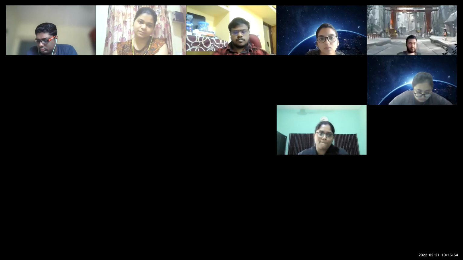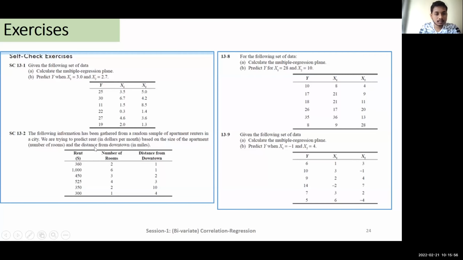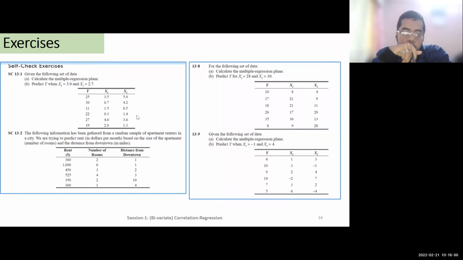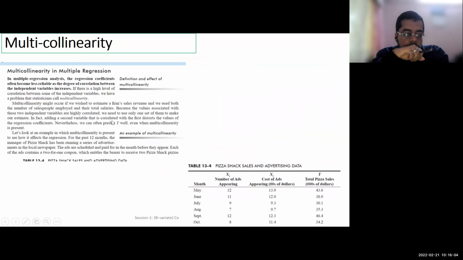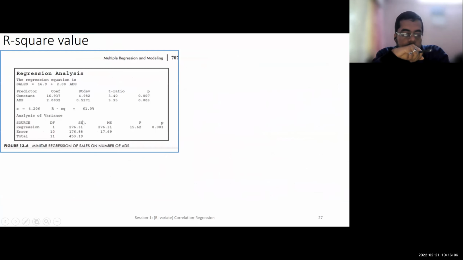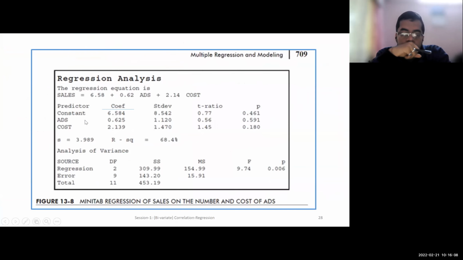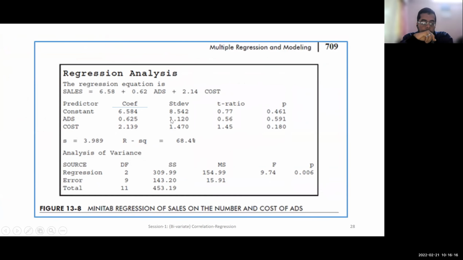Okay. Now look to my screen, all of you. We have just solved Excel output. This is something like an SPSS output which you are going to do in the next class. Okay. Now you'll be getting some output like this.